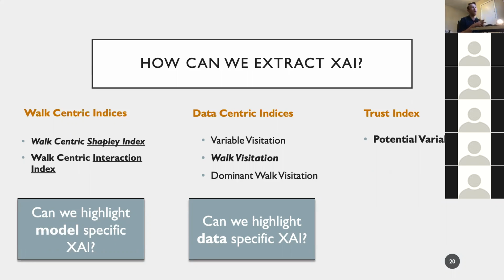And then the potential variability index, which maybe is my favorite, is going to tell you, if you're missing a parameter in your model and we're given a new source, what is the coverage of the data relative to the new source?